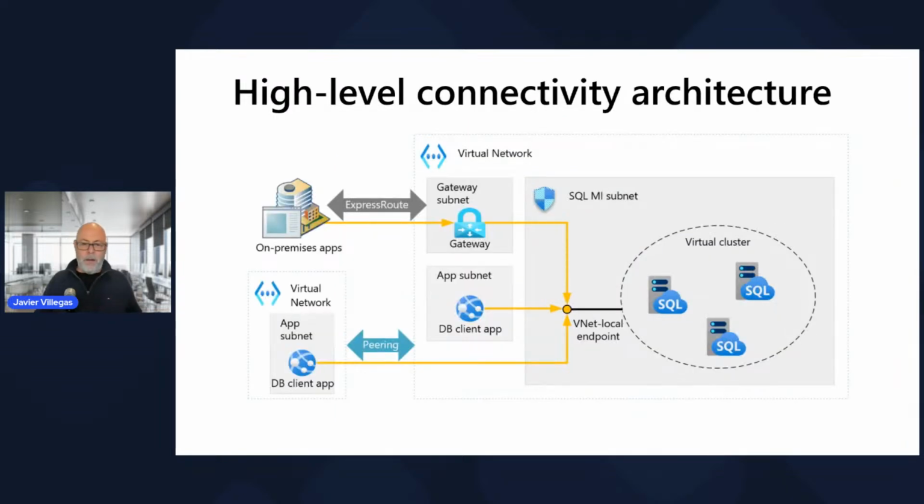So, as I said at the beginning, you will see a couple of things in this chart. When you deploy a managed instance, by default, you have a virtual cluster with 3 nodes, let's say, right? For you, it's only one. So you just connect to your managed instance.